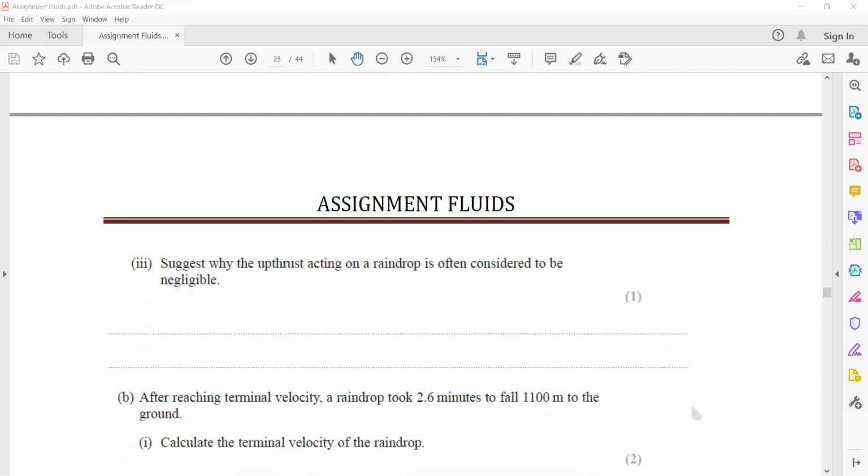Now, what factors does the upthrust depend on? Upthrust depends on the density of the fluid, the volume of the object, and gravity. So why can we consider the upthrust negligible?